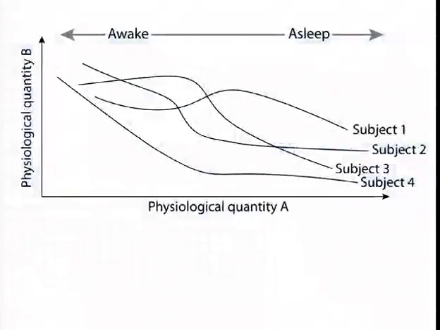So at a very high level, we're broadly interested in representing brain states using physiology. And so I've got this sort of schematic diagram here with a set of axes, and I've labeled them here physiological quantity A and B. At this stage, we're not so interested yet in what they are, except that these are quantities that we want to change meaningfully or significantly with brain states.